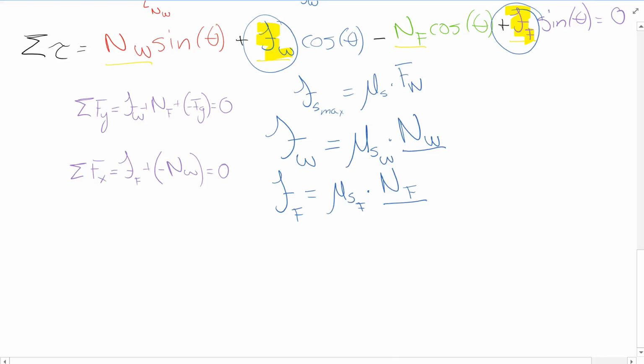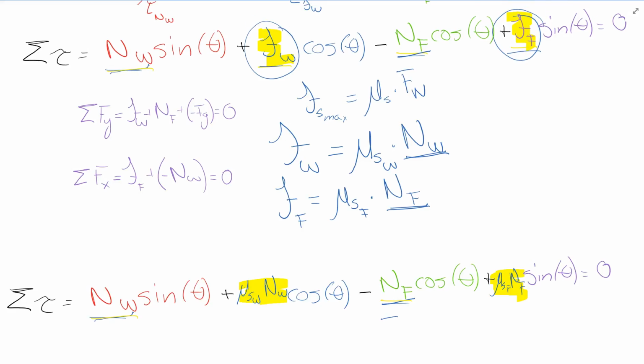It will reduce our torque equation from having 1, 2, 3, 4 unknowns to only having 2 unknowns. So let's rewrite it like that next.